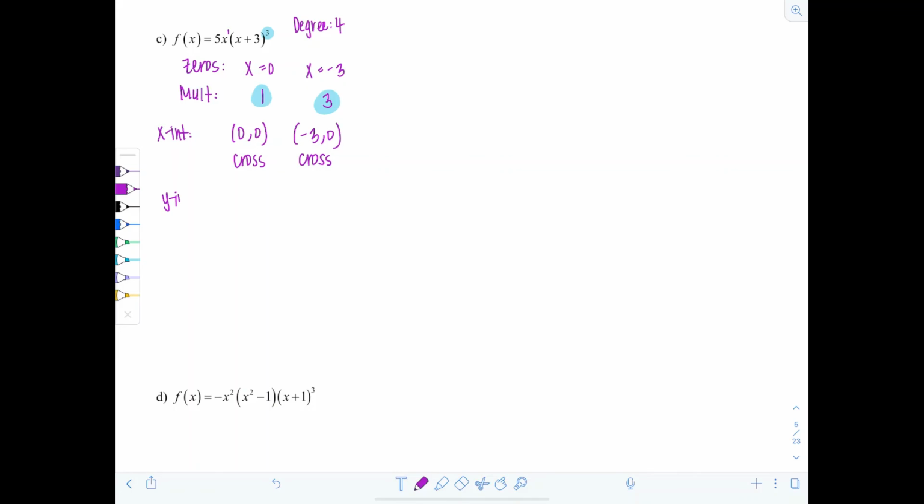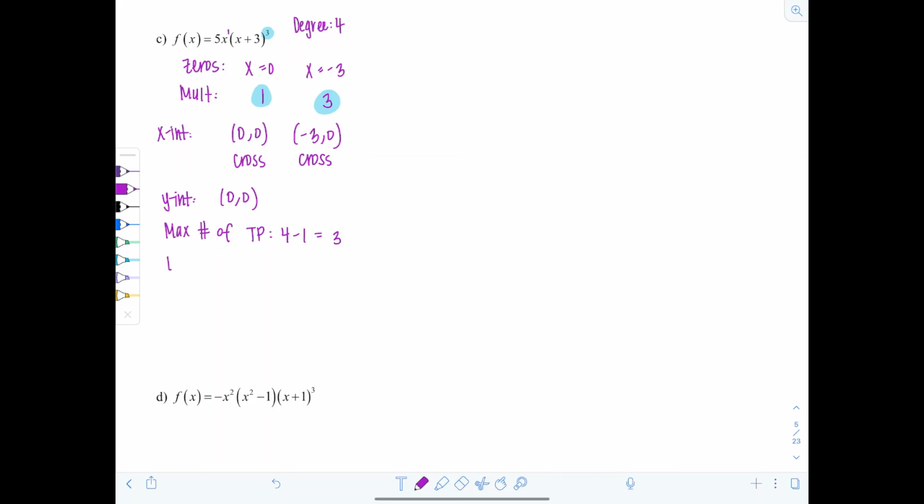What about the y-intercept? Well, as soon as you notice 0, 0 is an x-intercept, it's also the y-intercept, so that's done. What about the max number of turning points? Ooh, so the degree is 4, so the max number of turning points is always the degree minus 1, which is 3.